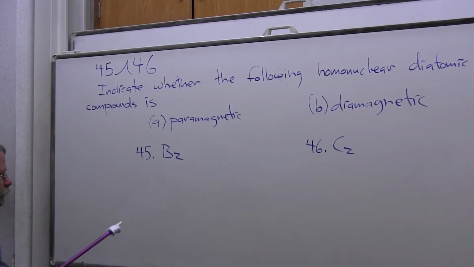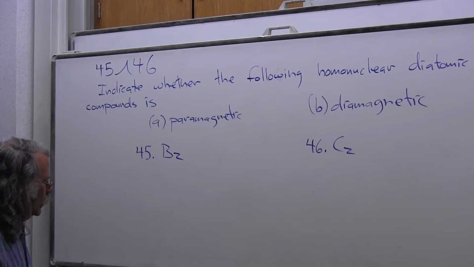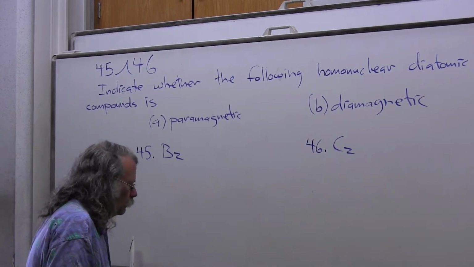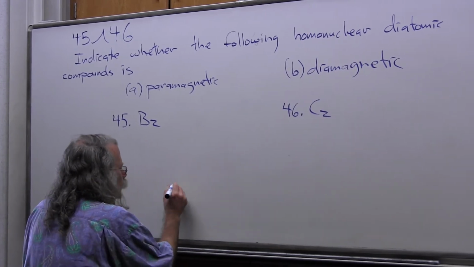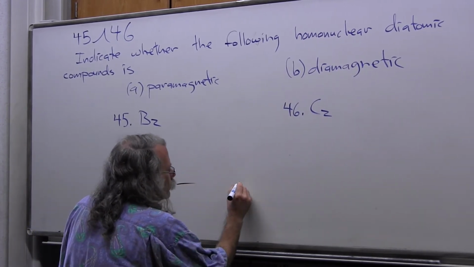Problem 45 gives boron, B2, the homonuclear diatomic. And so we have to recall the order of the orbitals. Let's construct the molecular orbital set for boron.